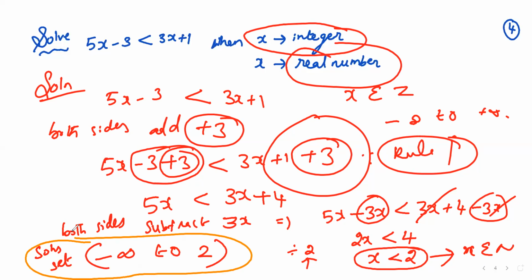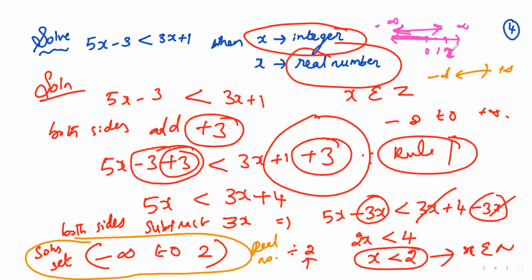If it is a real number, we know the real numbers on the number line go from minus infinity to plus infinity. Our solution should be less than 2, from minus infinity to infinity.